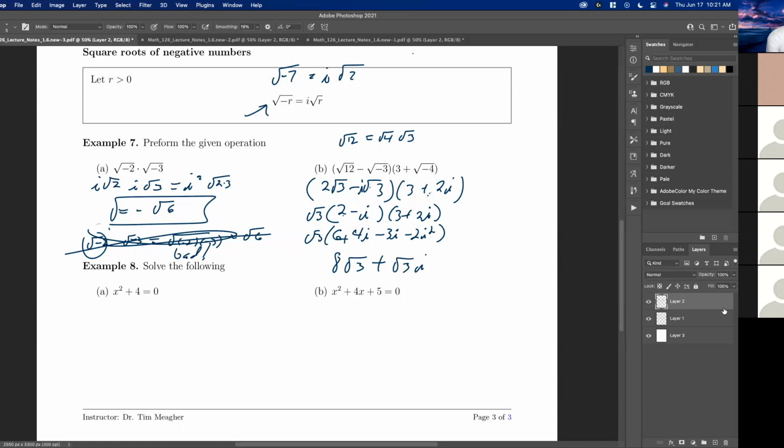So why do we introduce this? The main reason we introduce this is so we can solve quadratics. We need to be able to solve some quadratics. And so here, I have x² equals minus 4, which means x is equal to plus or minus the square root of minus 4, so x is equal to plus or minus 2i.